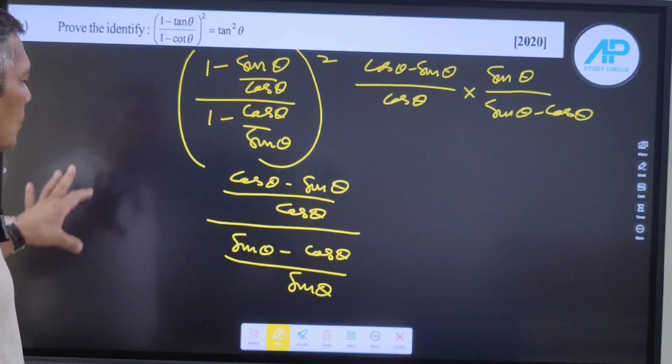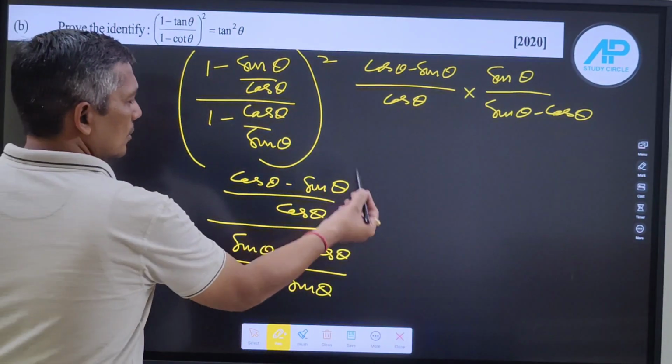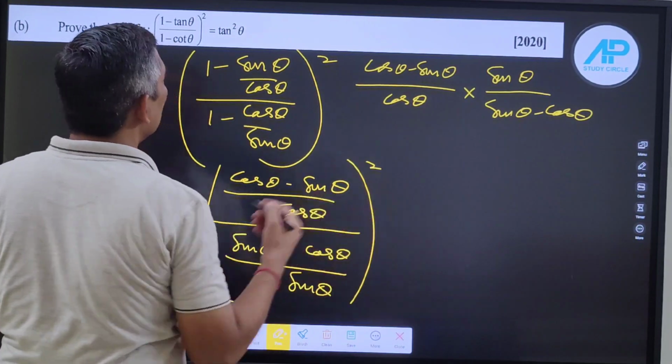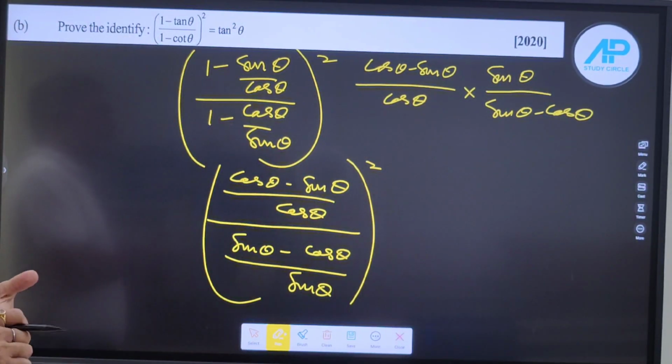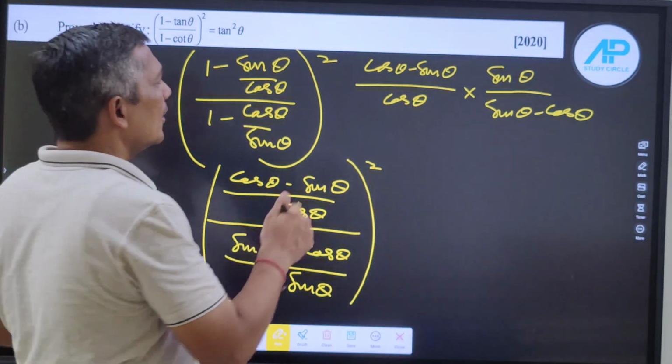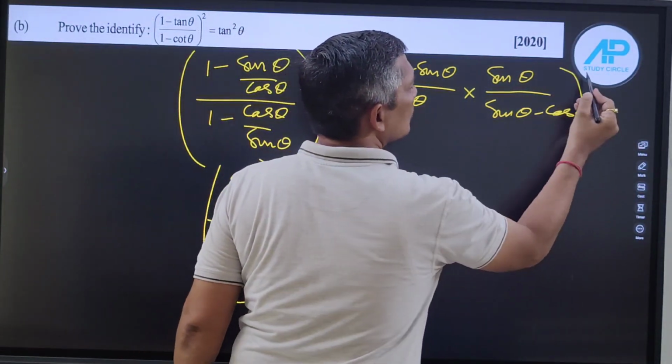The square is going on around this everywhere still. Now what's the purpose of the square in this question? In fact, you see I have got a square here also attached on the question.